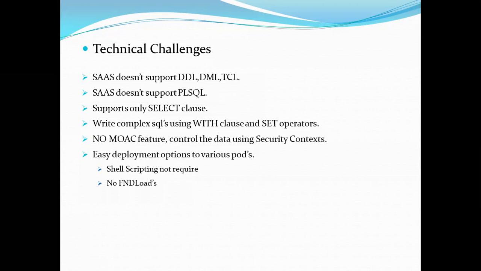And in some places Oracle is still working on enhancement requests. For example, with concurrent programs in R12, when we register a concurrent program, we simply download it with the help of FND loads, right? So we get an LDT file, and we just deploy the LDT file to the target application. Whereas here concurrent programs are replaced with ESS jobs.